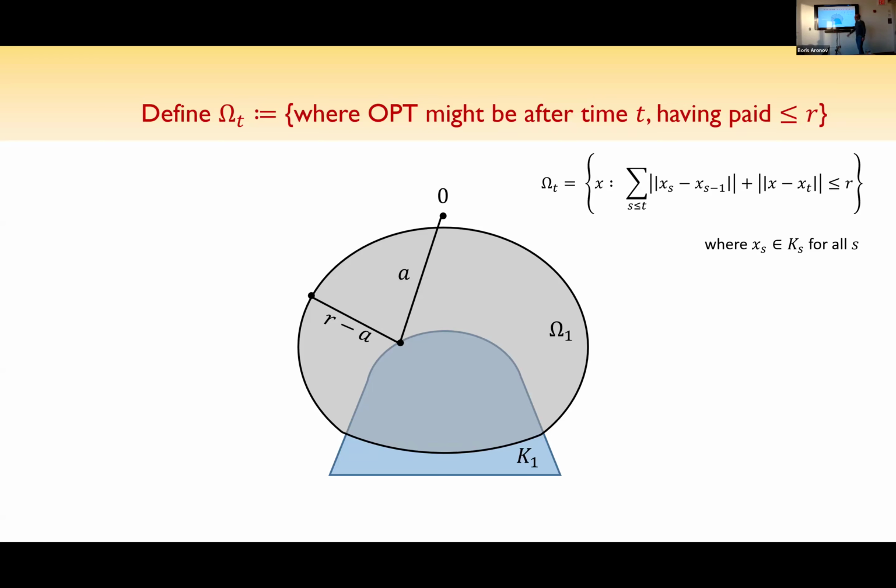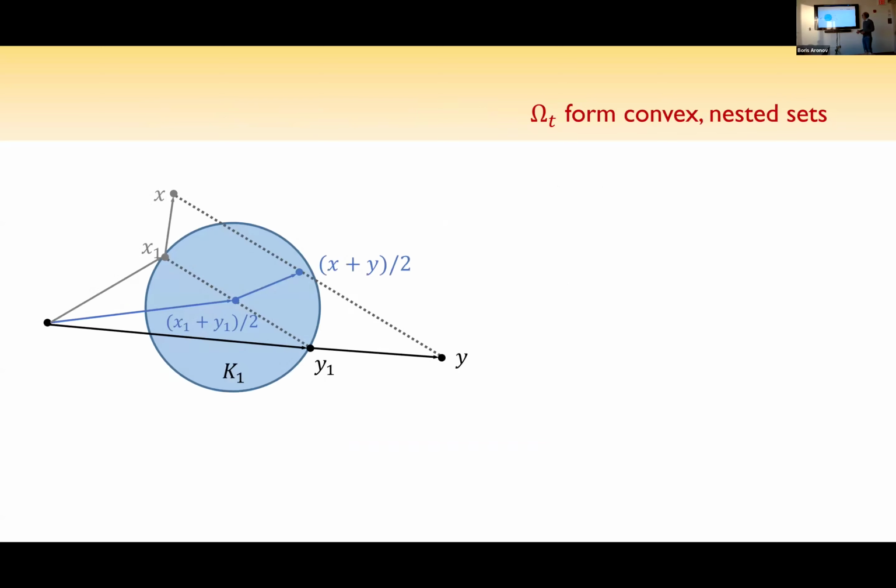Opt could have chosen any of these paths and reached a point x. Imagine R is known beforehand. We are going to do a guess-and-double kind of thing. Good. R is known. We'll start with R bar and then we're going to shrink it down.